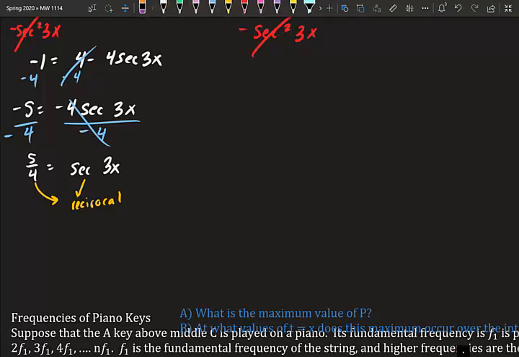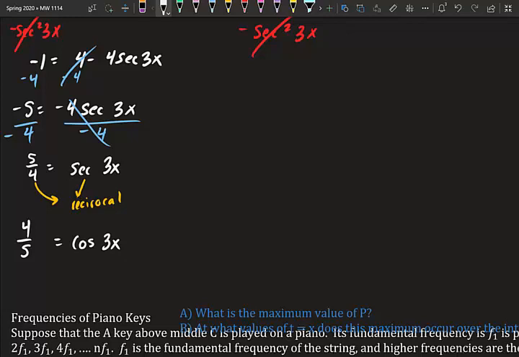So we just take that reciprocal, so positive 4/5 equals, and we just take the reciprocal of secant, which is cosine 3x. Now that's not on the unit circle, and cosine 3x I don't know anything about. We tried, didn't work, but we want to keep it as our original three: cosine, sine, and tangent. We want to keep our answers like that.